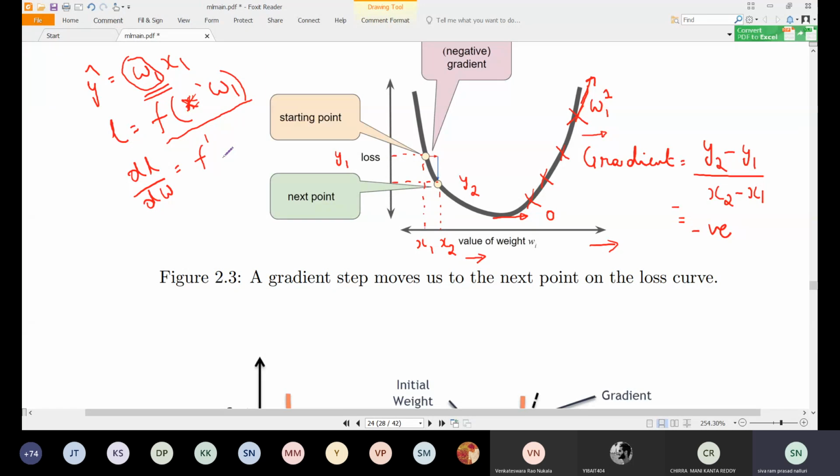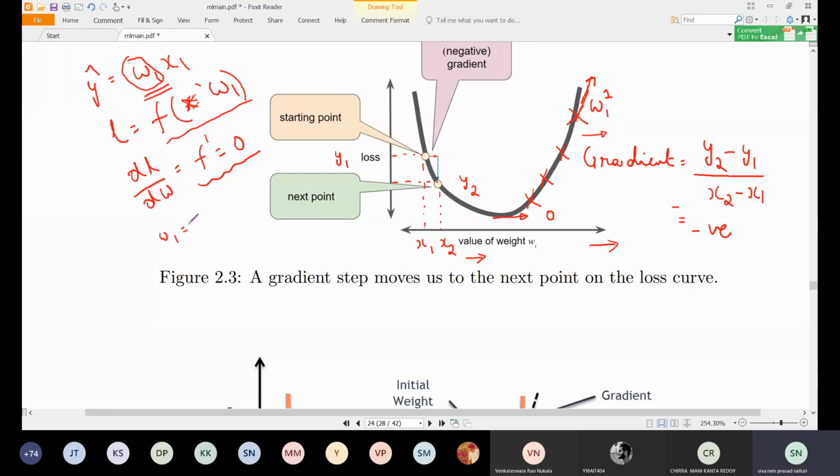So we want to find out the optimal value for which the loss is minimum. So what do we do? We differentiate the loss function with respect to weight and equate that to 0. We solve this equation. If this equation is solved, we arrive at the optimal value.